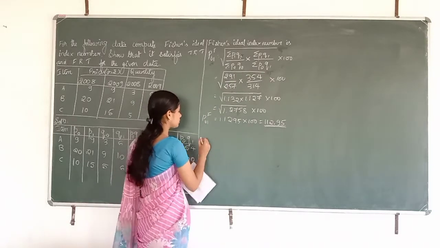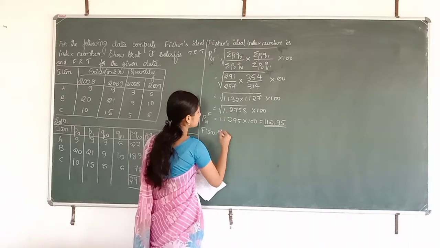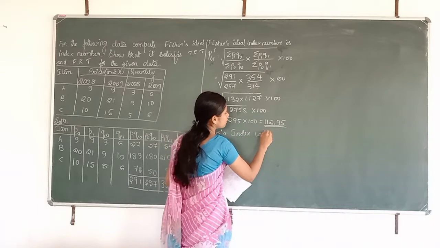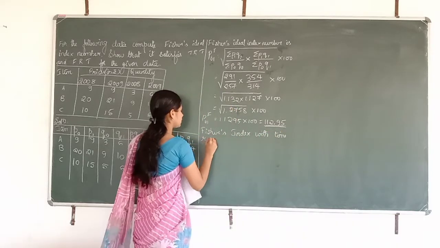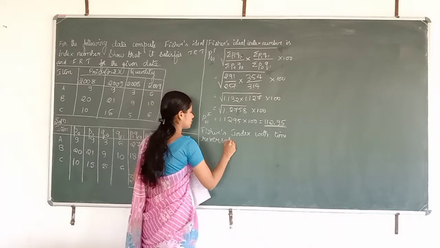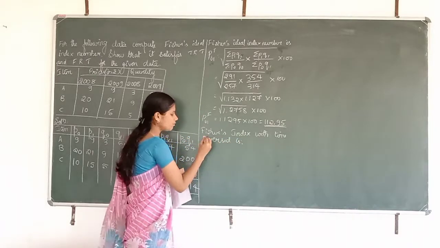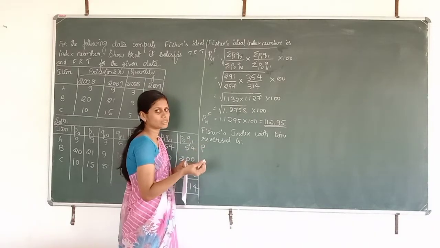So Fisher's index with time reversed is, now when we are going to reverse the time, 1 will be substituted as 0 and 0 will be substituted as 1.